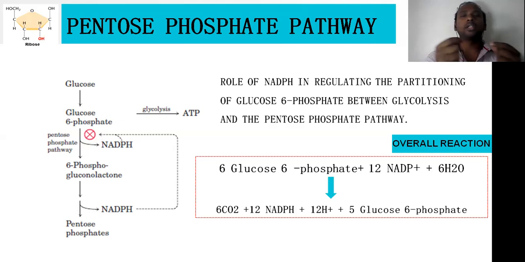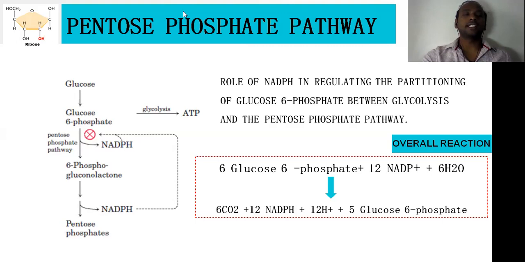Either it can go into glycolysis, the citric acid cycle, and finally ATP generation, or it can go into the pentose phosphate pathway and finally produce NADPH and ribose. So the regulation between glycolysis and the pentose phosphate pathway has to be coordinated. This is very important. The coordination will be like this.